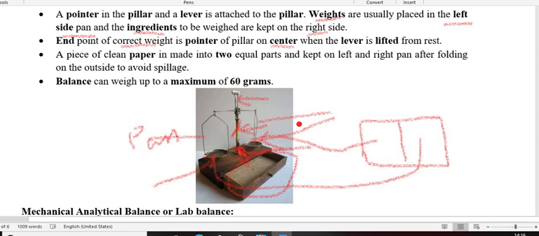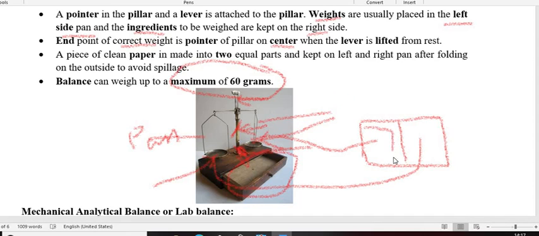This balance is used for a maximum weighing of 60 gram. The paper on the right side should be folded from the end, so that spillage of the item or chemical is avoided.